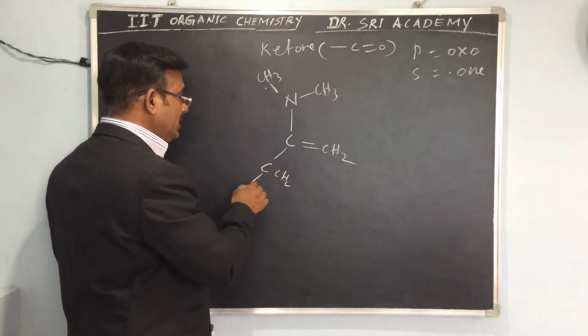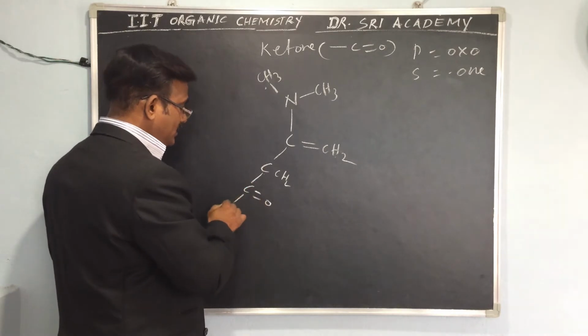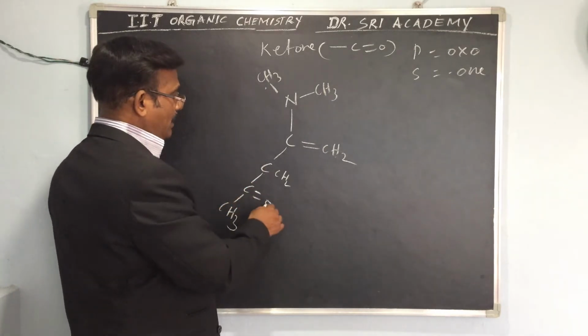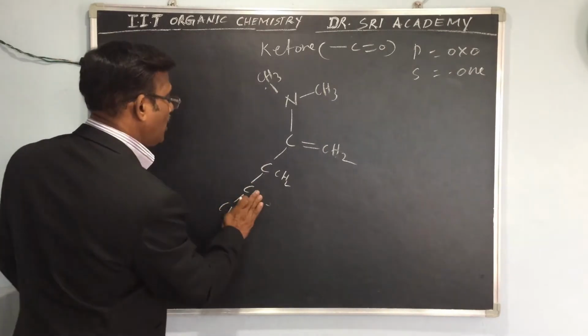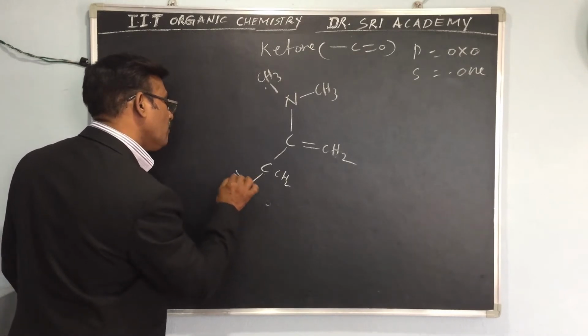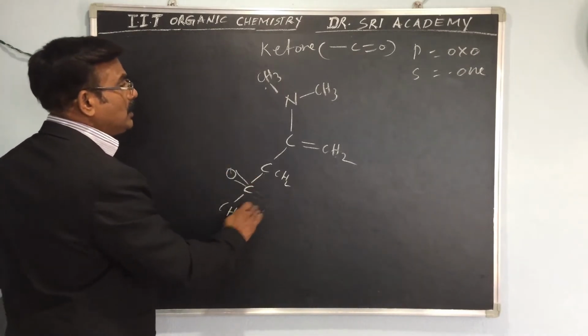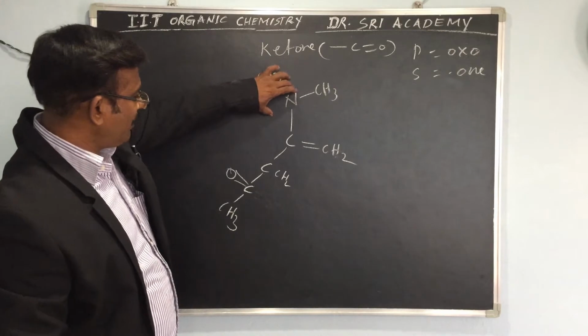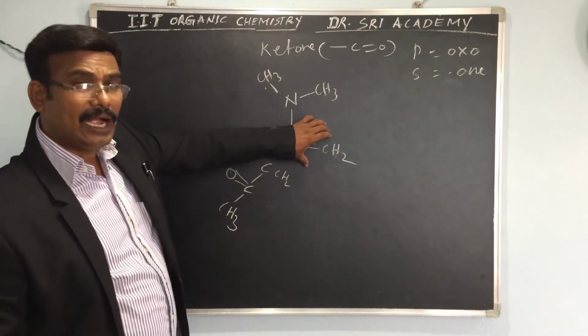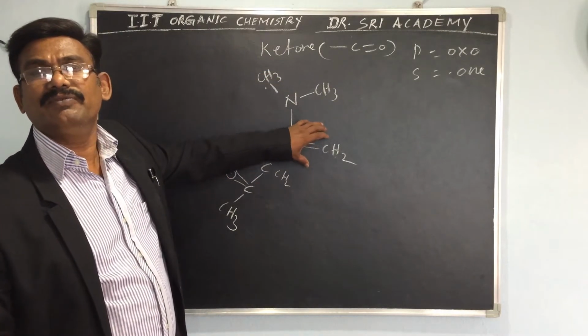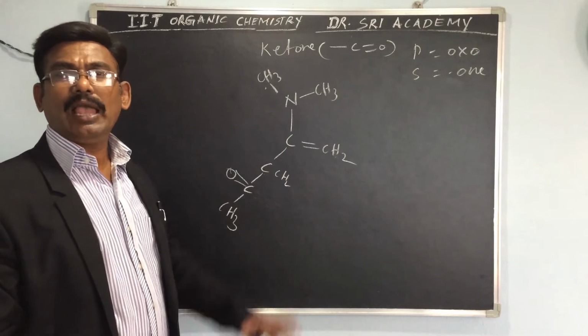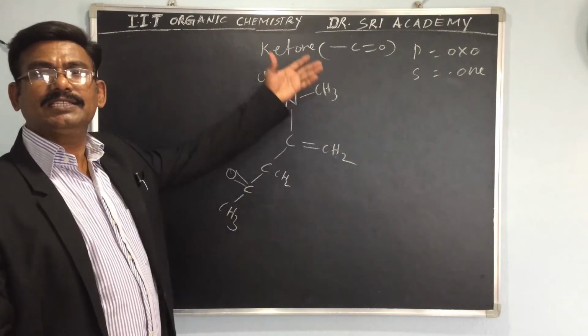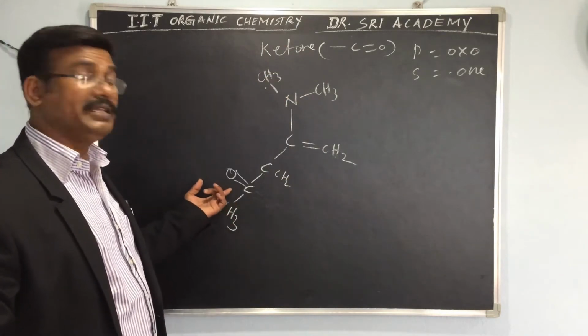Write COCH3. This type of compound. So here, three functional groups: the amine functional group, the keto functional group, and the ene also as a functional group. Among these three, which one is the highest priority? We know that definitely this one.